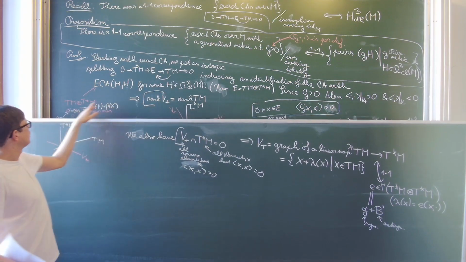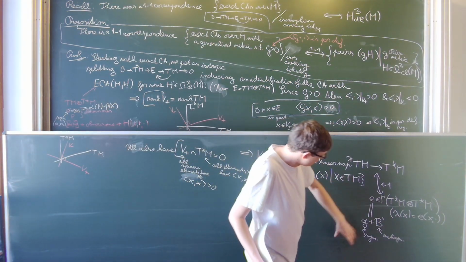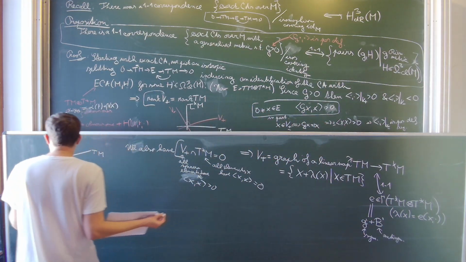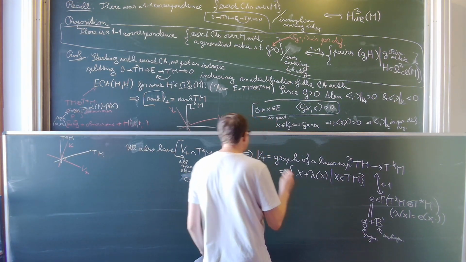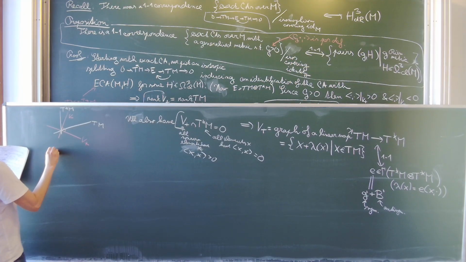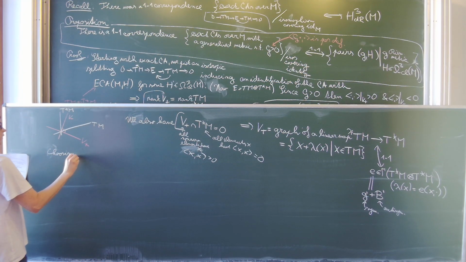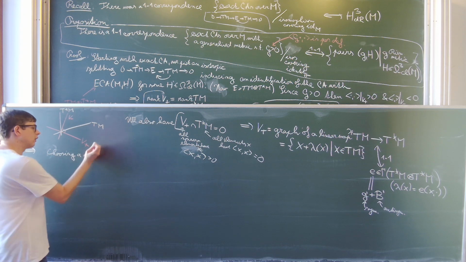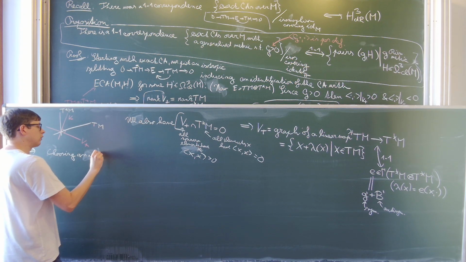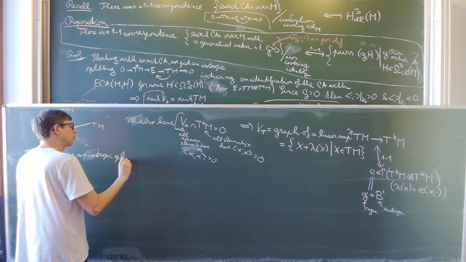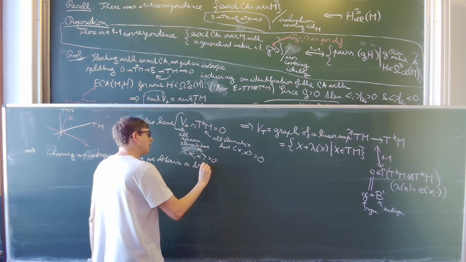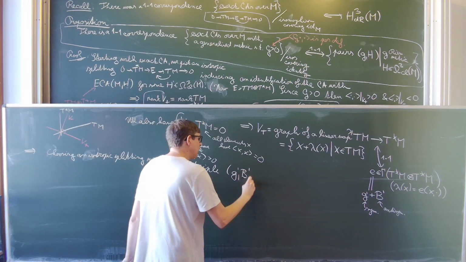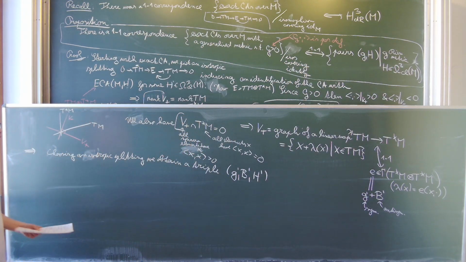That choice led to an identification with T plus T star, and this graph led to a symmetric and antisymmetric part. So choosing the isotropic splitting, we obtain a triple G prime, B prime, and H prime. H and B are not yet related in any way.